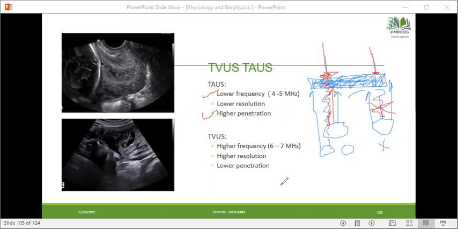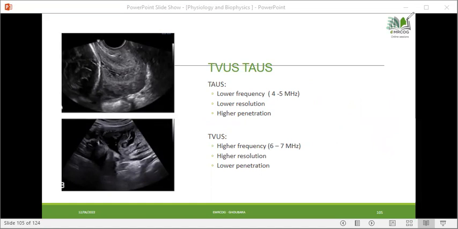But not every woman will accept to do a transvaginal ultrasound. So in means of physics, we will choose the probe with lower frequency and higher penetration. Okay? Is it clear? Because this one is very important and we will depend on those principles later on.